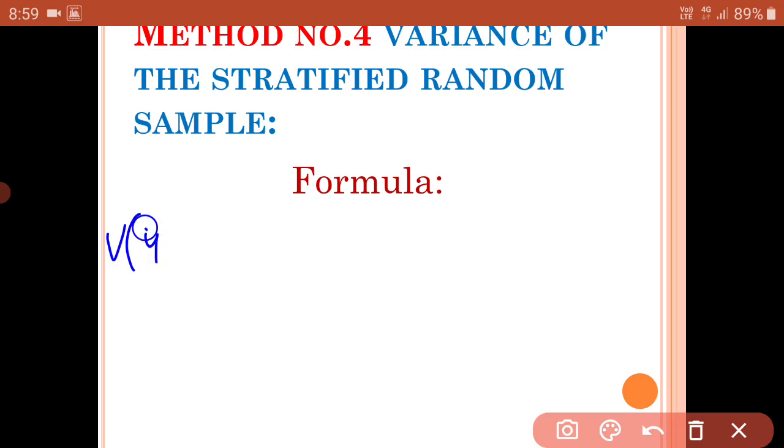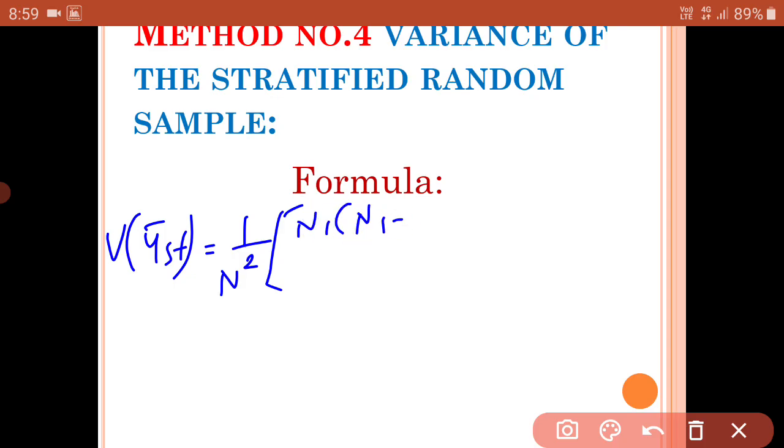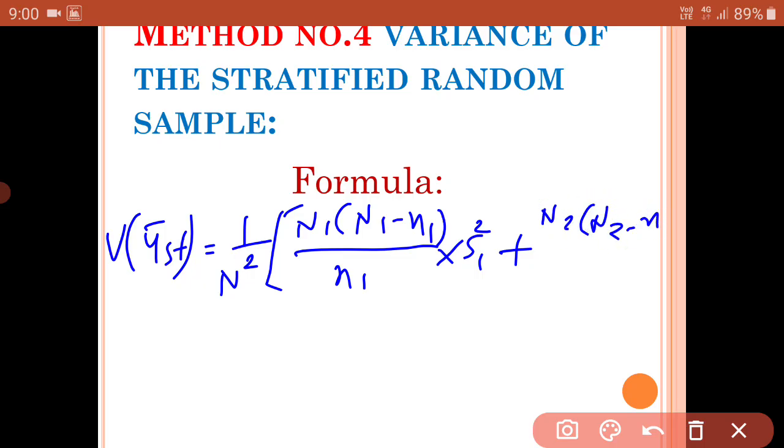V of y bar st is equal to 1 upon n square into the bracket capital N1 into capital N1 minus small n1 upon small n1 into s1 square, plus capital N2 into capital N2 minus small n2 upon small n2 into s2 square.